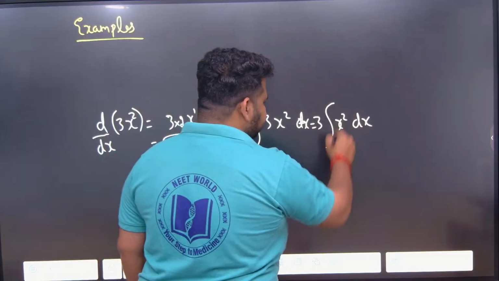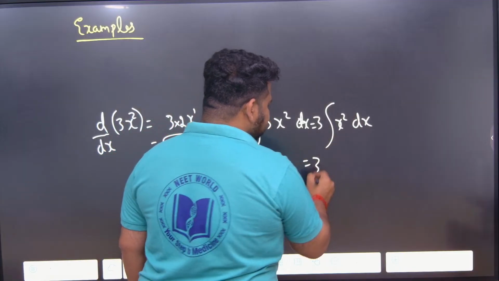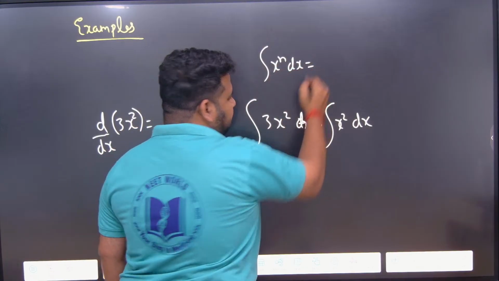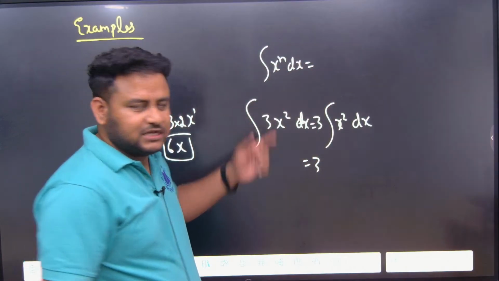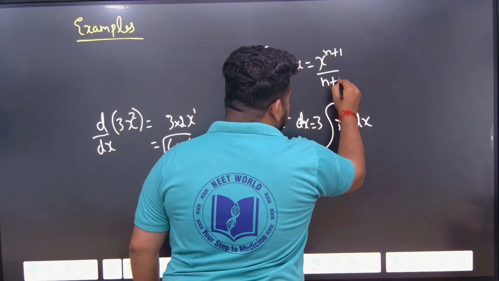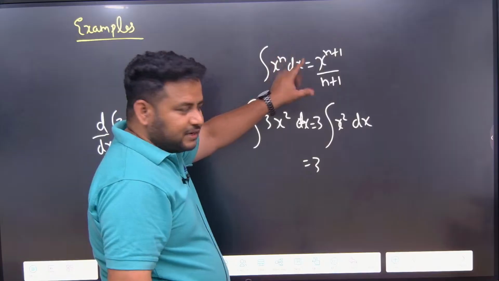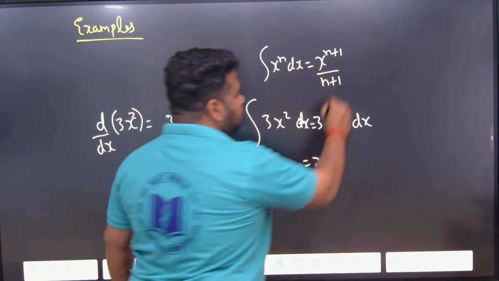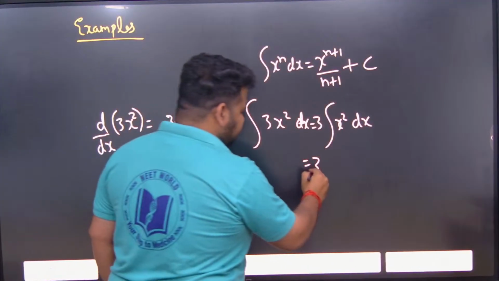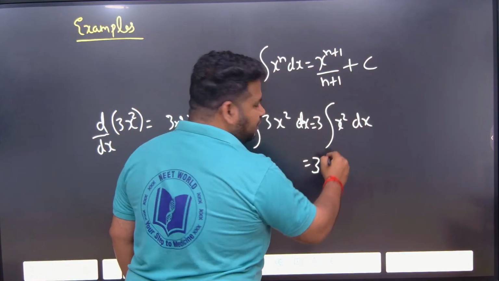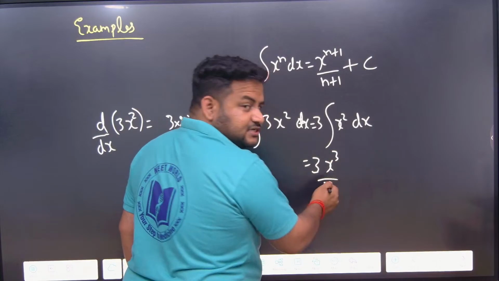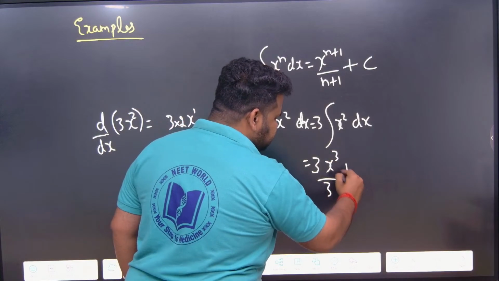If I apply the formula, integral of x to the power of n dx is x to the power of n plus 1 by n plus 1, and every time you should remember to write the constant of integration, plus c. This becomes 3 into x to the power of 2 plus 1 by 2 plus 1, which is 3, plus c.